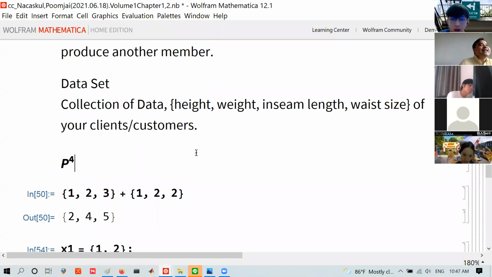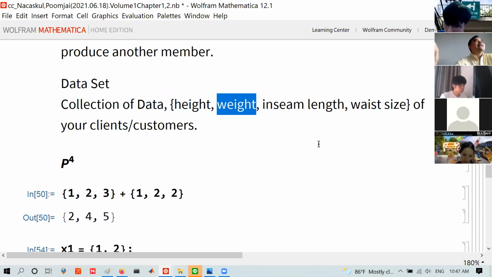Now, in this space, can you do addition? Well, just think of the amount of cloth you need to make a dress or a shirt for your client. So you can think of addition as adding the demand. If you have 2 persons, you require more material. So that's kind of addition.